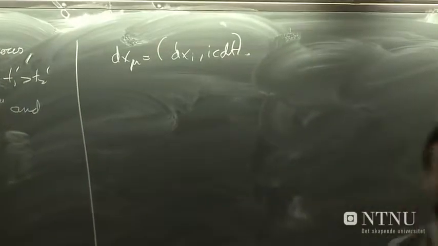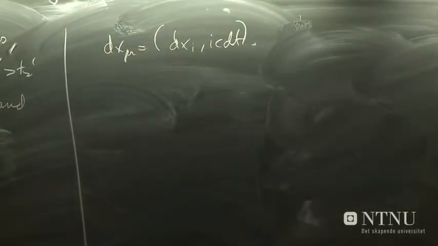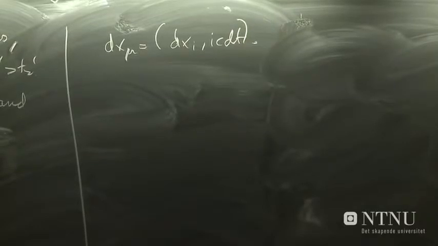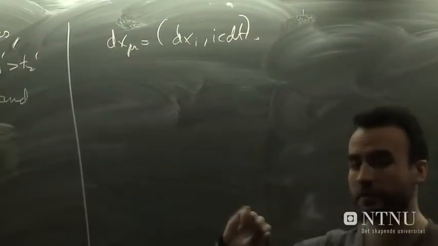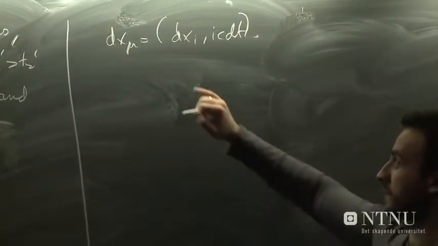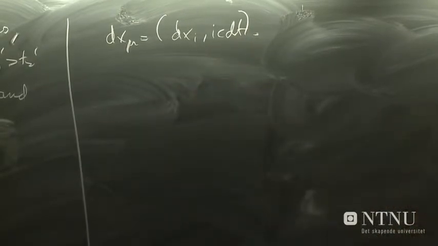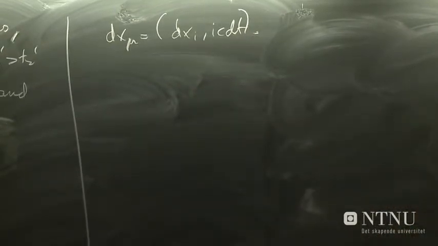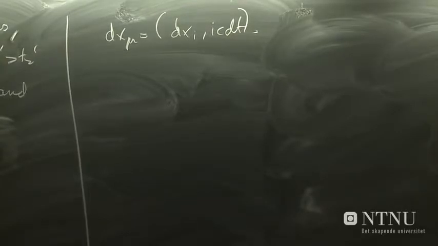So to evaluate what this four velocity is, consider the differential of the four position vector x mu. It's dx_i, ic dt. I'm using here Roman indices on the dx to indicate that this is only for the spatial dimensions.